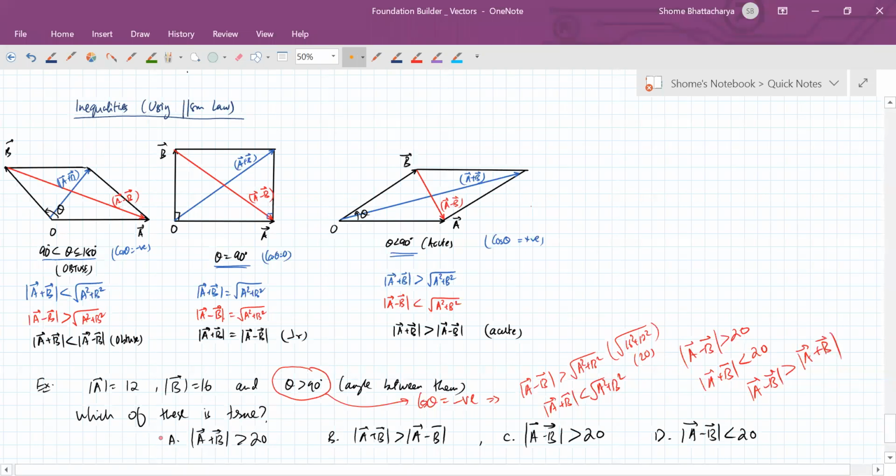So this statement is wrong, this statement is wrong, this is the correct one, and this is again wrong. Something like this becomes very easy to analyze if you just visualize and remember these inequalities on the basis of the geometry of the parallelogram.